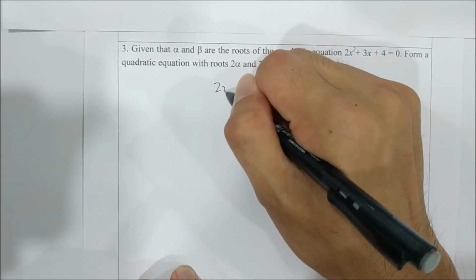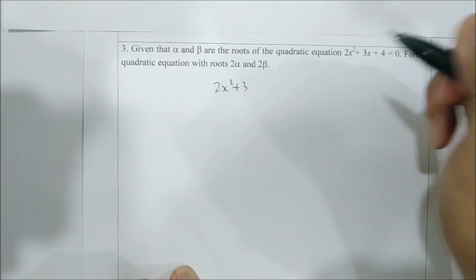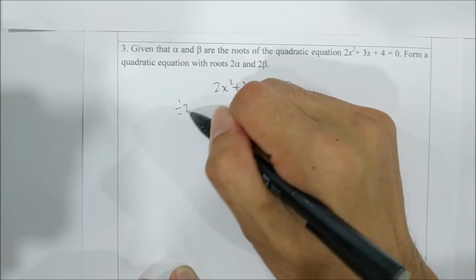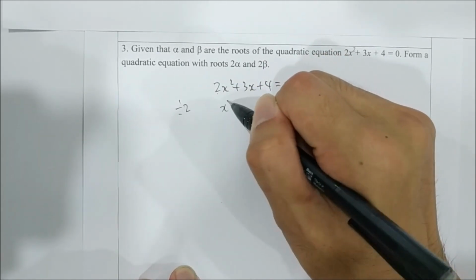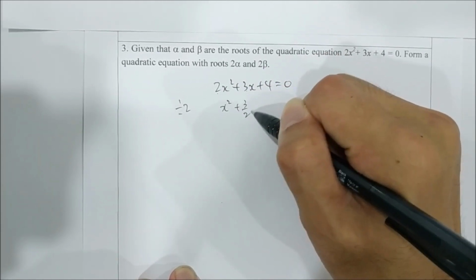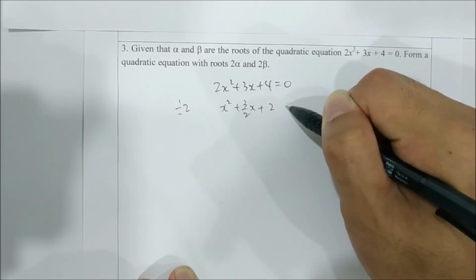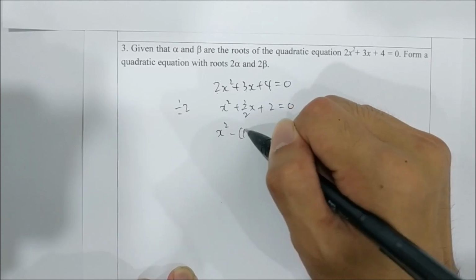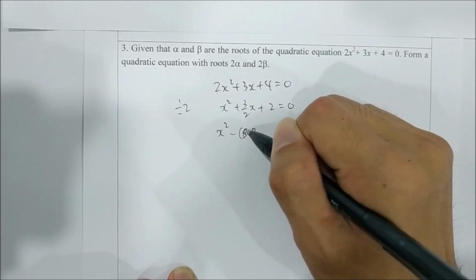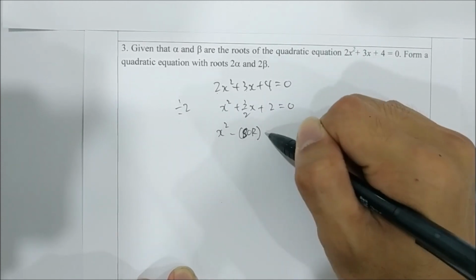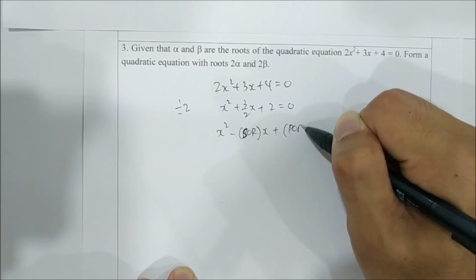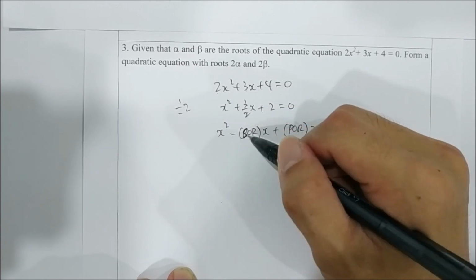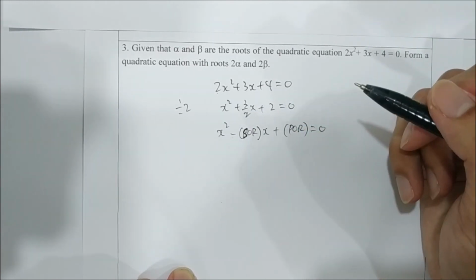We write it like this, 2x squared plus 3x plus 4 equals 0. If we divide all by 2, 2 divided by 2 you get x squared, 3 divided by 2 you get 3 over 2, 4 divided by 2 you get 2. And we compare to the equation x squared minus SOR x plus POR, we will find that 3 over 2 is equal to negative SOR.